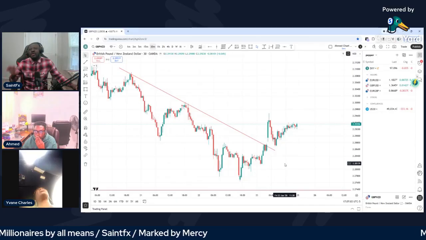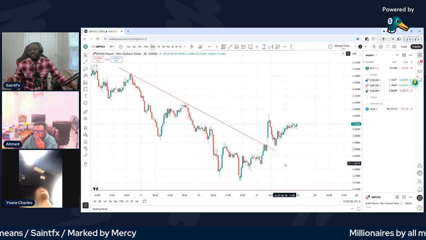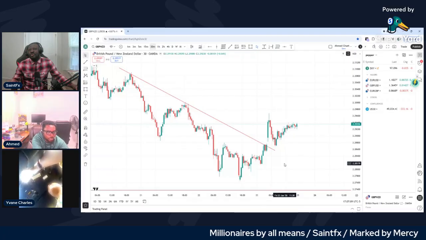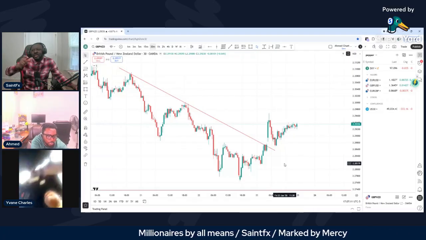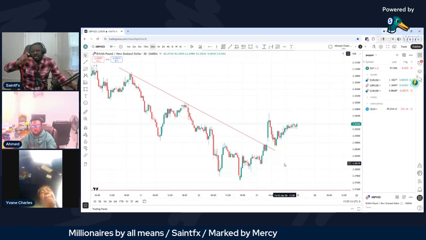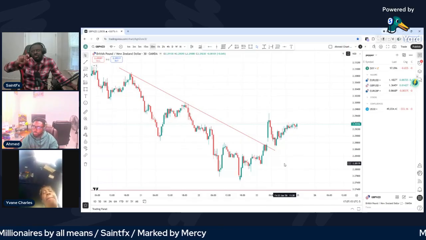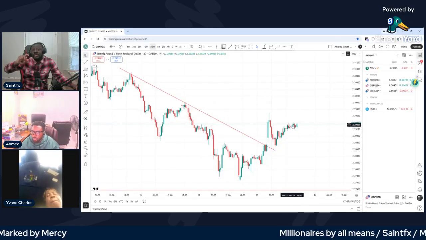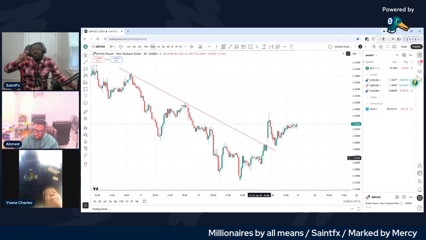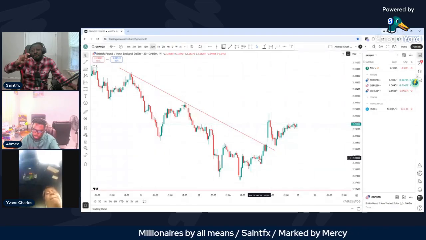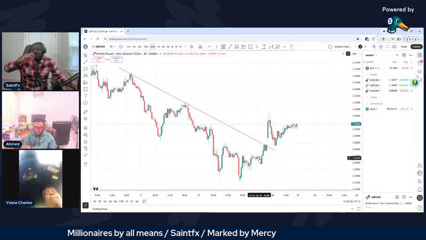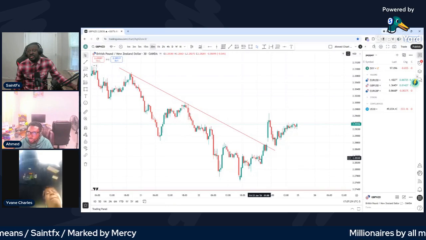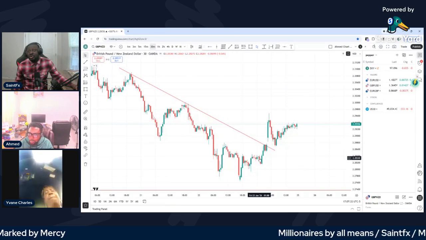But for me, I want more confirmation, because if you look at the candle, how it tries to go up, it looks very choppy, choppy, choppy. From here to here, it looks very choppy. So we don't know if the market will drop at this area.